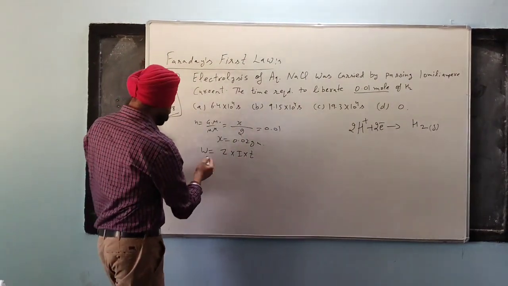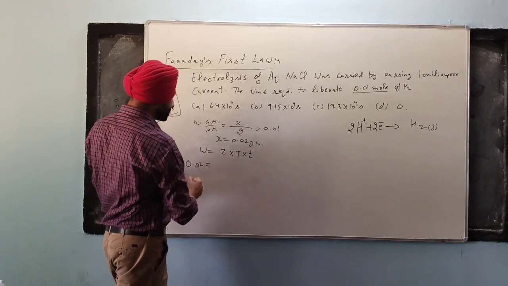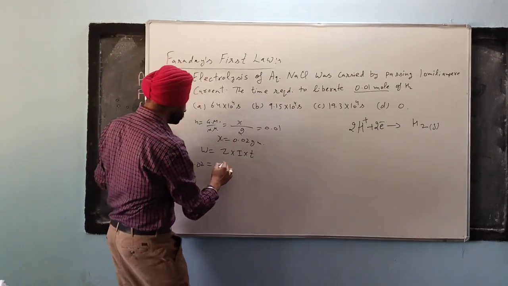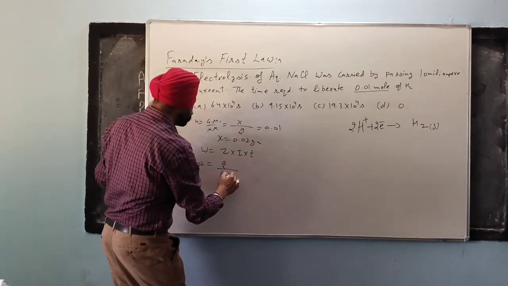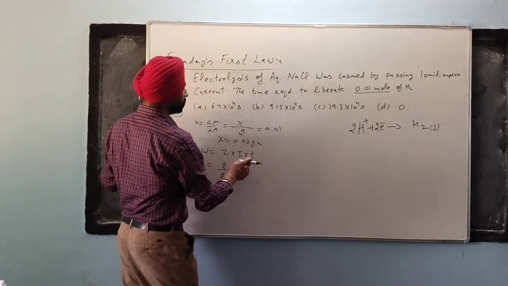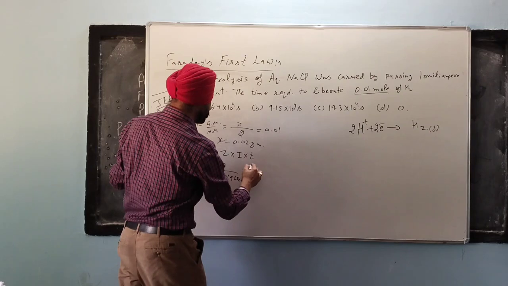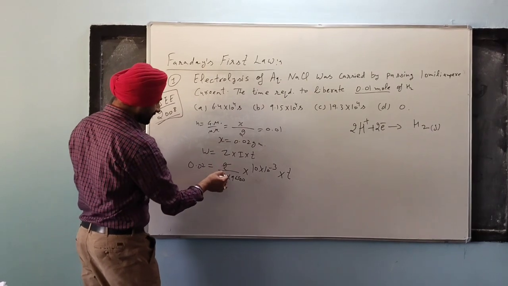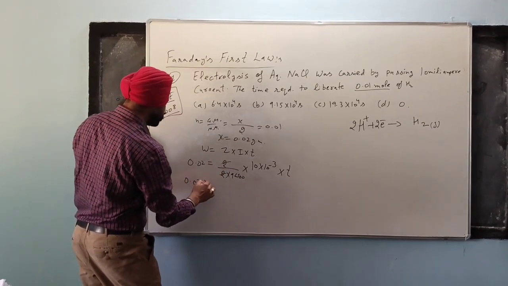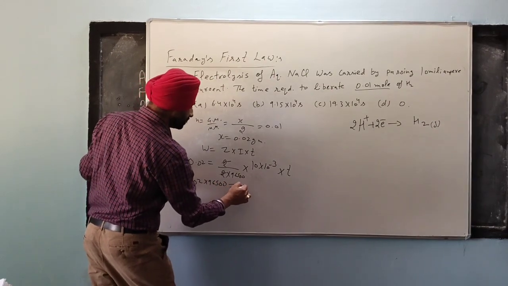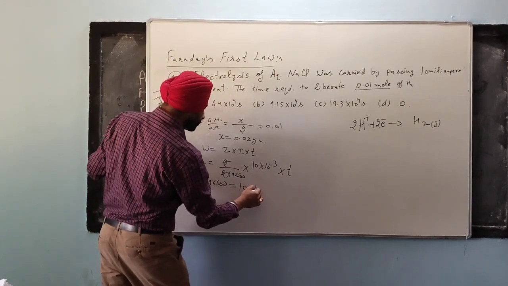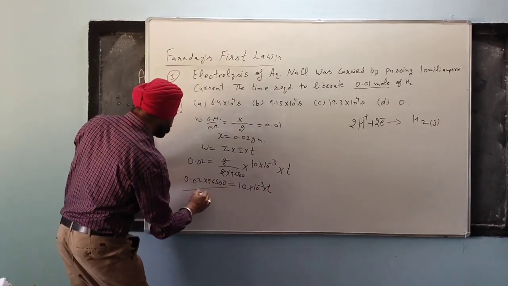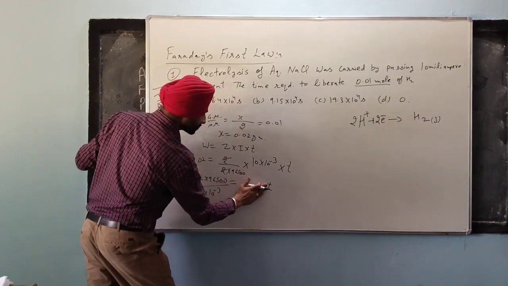So 0.02 is equal to Z, and Z is equal to molar mass upon n into F. The molar mass of hydrogen is 2, n factor 2, into 96500 coulomb, into the current, that is 10 milliampere, 10 into 10 raised to power minus 3, into T. Solving this equation, we get 0.02 into 96500 is equal to 10 into 10 raised to power minus 3 into T.